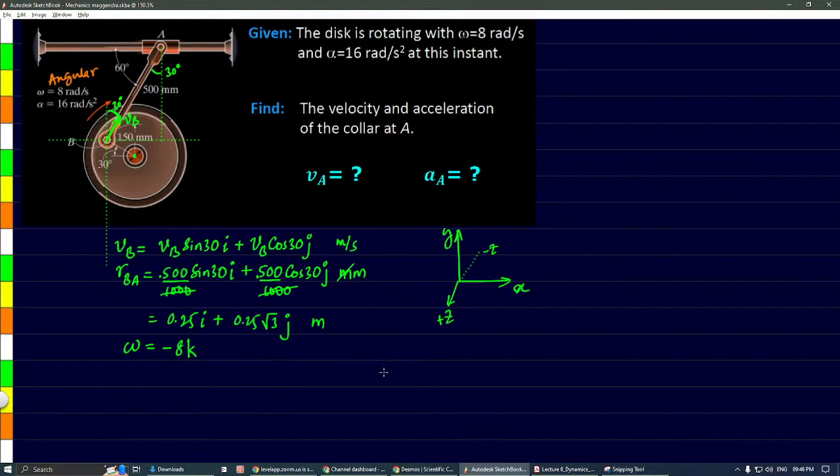Now we have to apply the relation. What is the relation? VB equals omega cross BA.